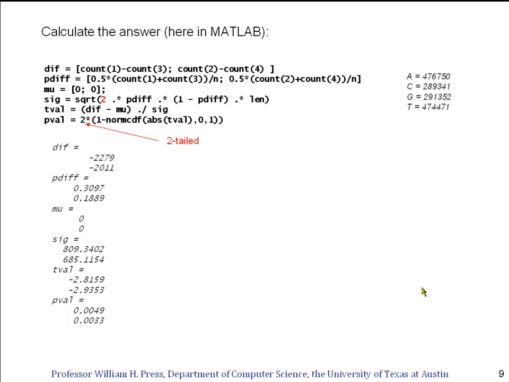But to put in the numbers for this model, here I've calculated it in MATLAB. So we start off with a vector that has the two differences we're interested in, the differences between A and T, and the differences between C and G in their counts.